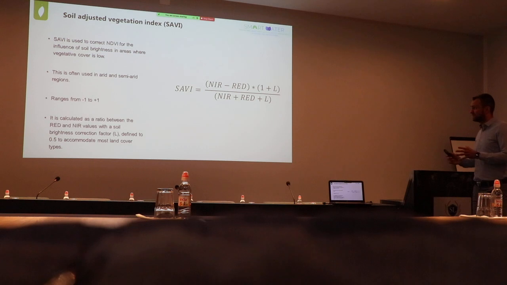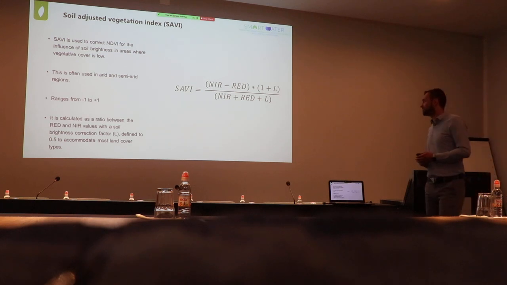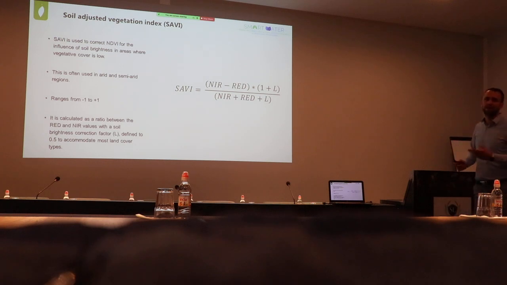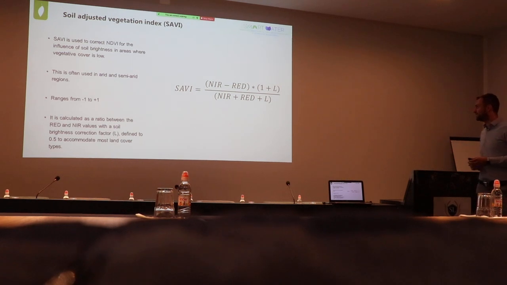It's often used in arid and semi-arid regions, and it also ranges from -1 to +1. It is calculated as a ratio between red and near-infrared values with a soil brightness correction factor. We used the value 0.5 for that factor to accommodate most land cover types. And you can also see the equation for how to calculate this index.